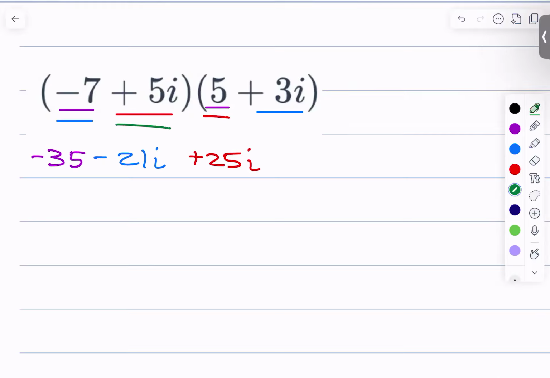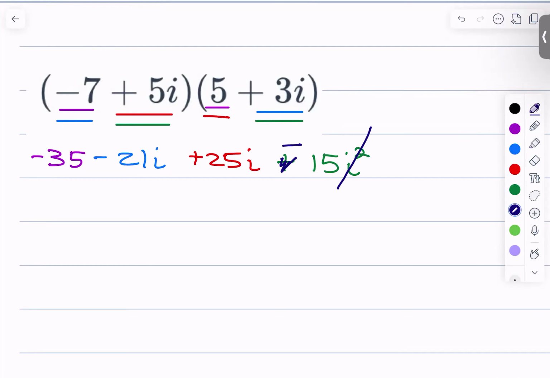And then 5i times 3i, that would be plus 15i squared, right? So remember, when I see an i squared, the i squared turns a positive into a negative. So that could be my work, right? Negative 15.